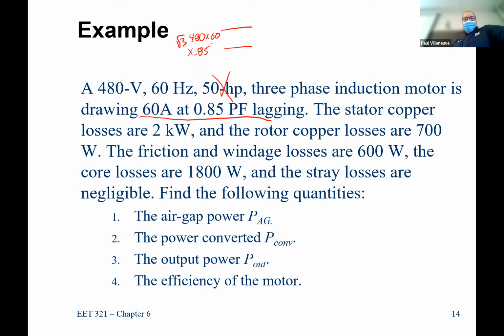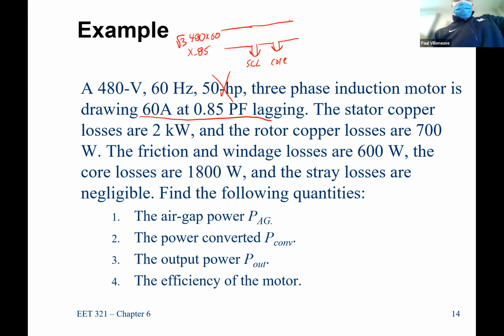We're on the stationary side of things. Well, let's start off with the stator copper losses. Pull from there. Then we're going to pull out our core losses.